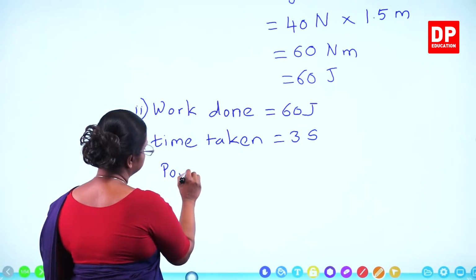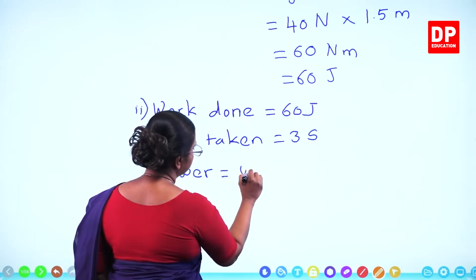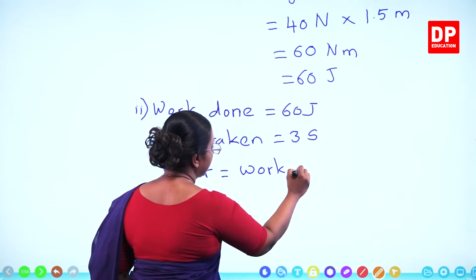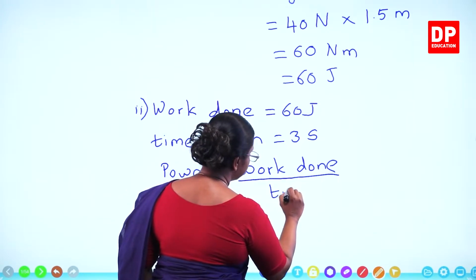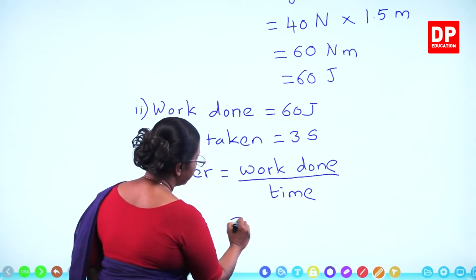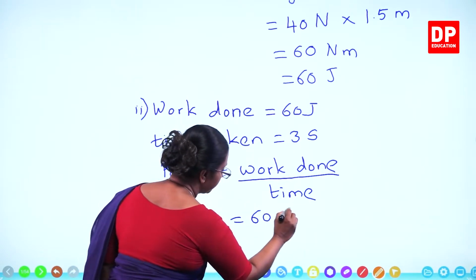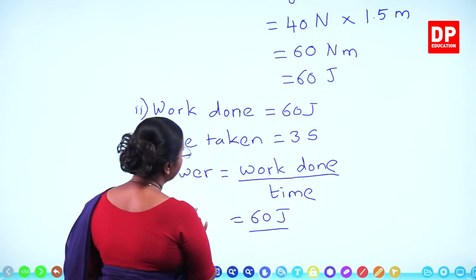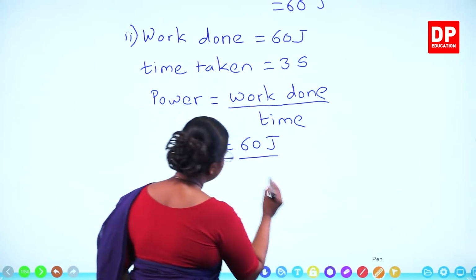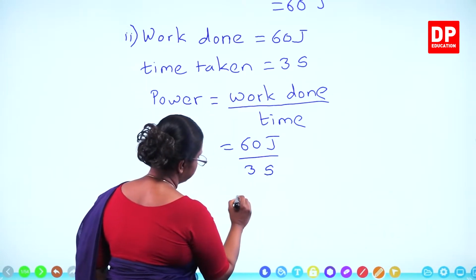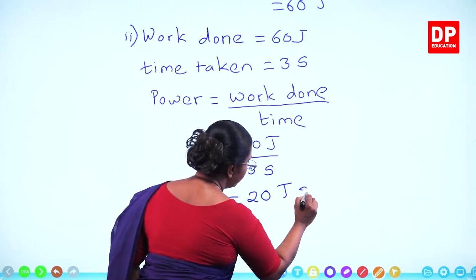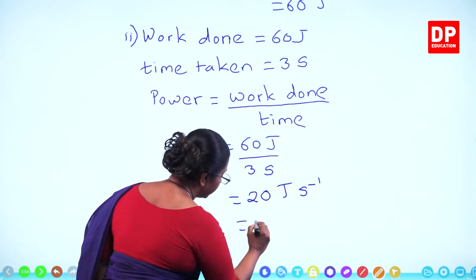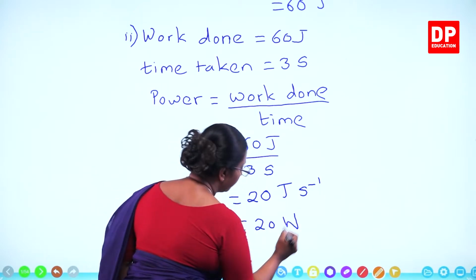So power is equal to work done divided by time. That is equal to 60 joules divided by 3 seconds. So 60 divided by 3, 20 joule per second. That is going to be 20 watts.